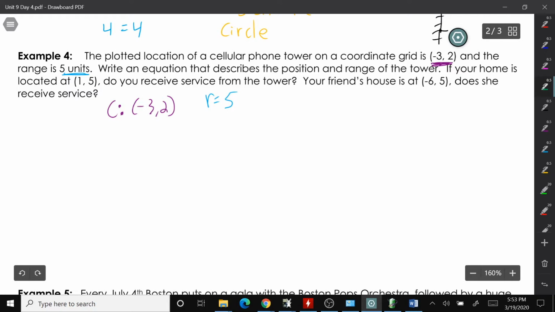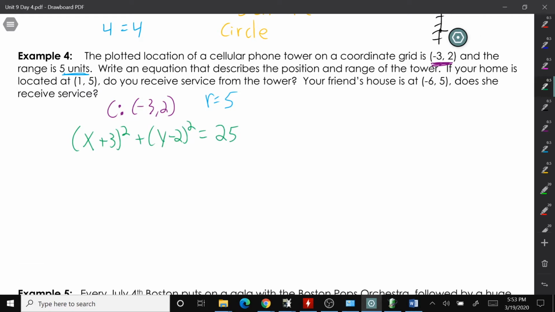Okay, so that's going to be x plus 3 squared plus y minus 2 squared equals r squared, 25. If your home is located at 1, 5, do you receive service from the tower? And then your friend's house is at -6, 5, does she receive service?